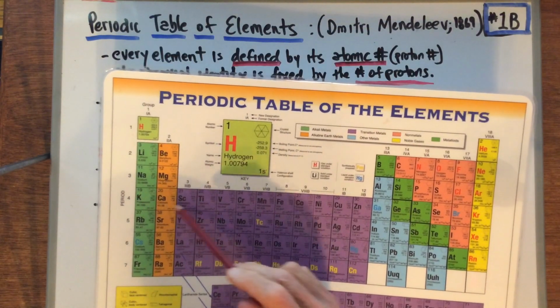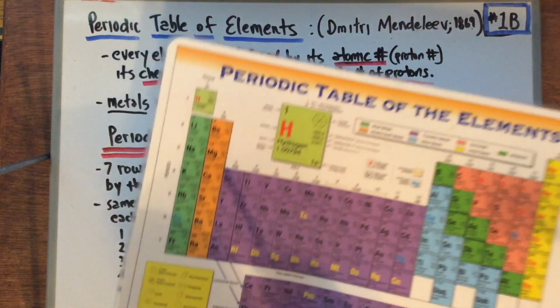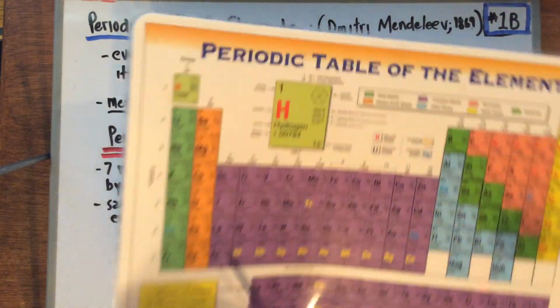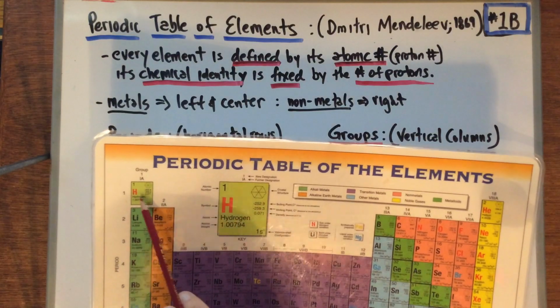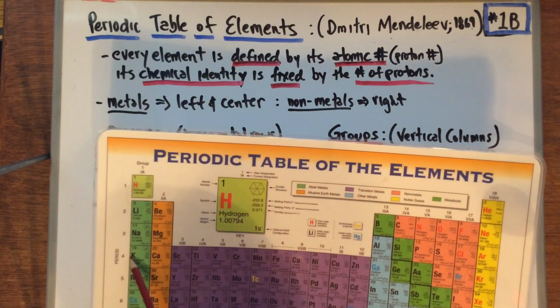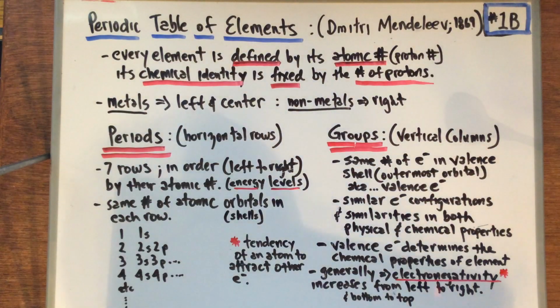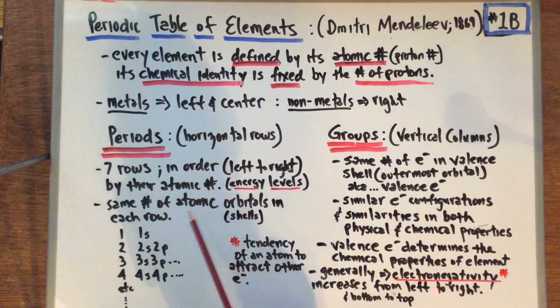If you look at that outermost shell, you'll see that the same number of atomic orbitals are in that same row. So this would be 1s, the 2s, the 3s, the 4s, and on like that. So that's how the horizontal rows are arranged by the number of atomic orbitals in each row.